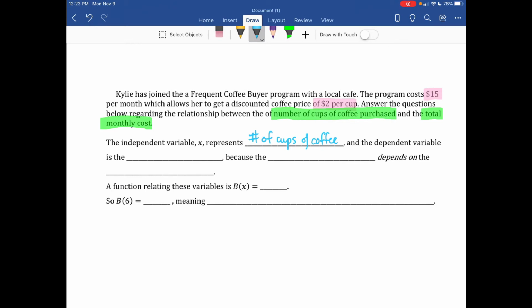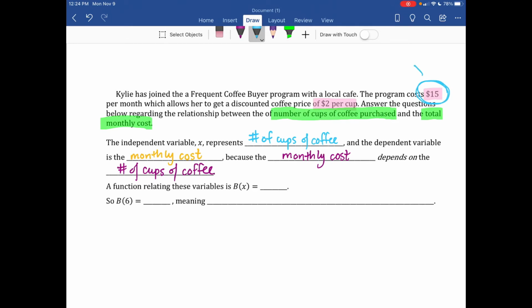It is independent. But what does depend on the number of cups of coffee? The monthly cost. We would say that the monthly cost depends on the number of cups of coffee.